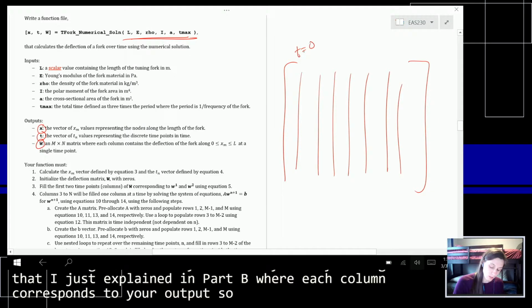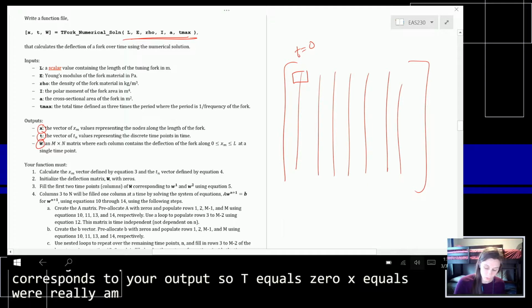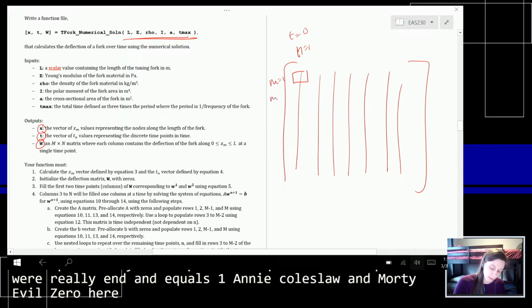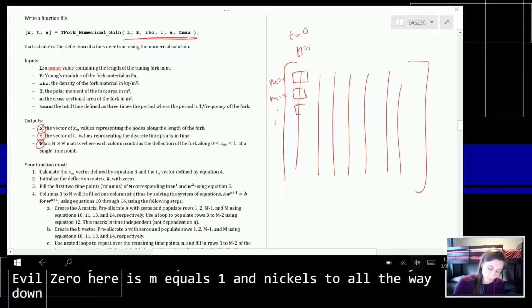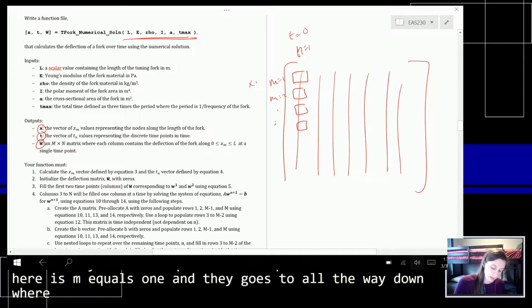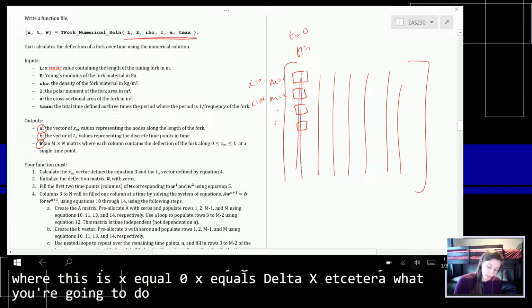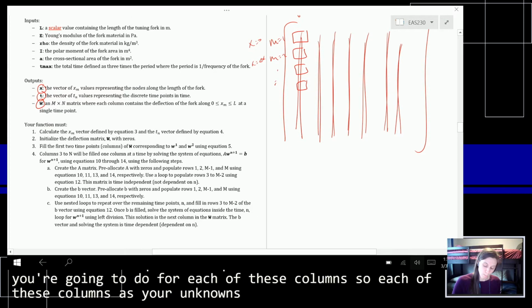So t equals 0, m, n equals 1, where t equals 0. Here's m equals 1, m equals 2, all the way down, where this is x equals 0, x equals delta x, etc. So what you're going to do is set up a system of equations to solve for each of these columns. Each of these columns is your unknowns.